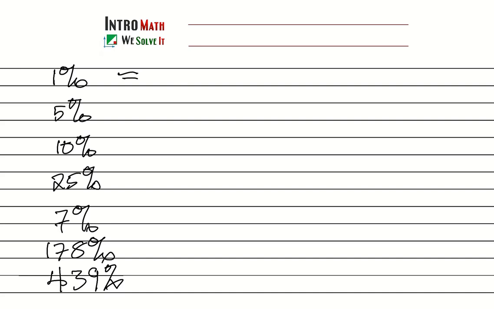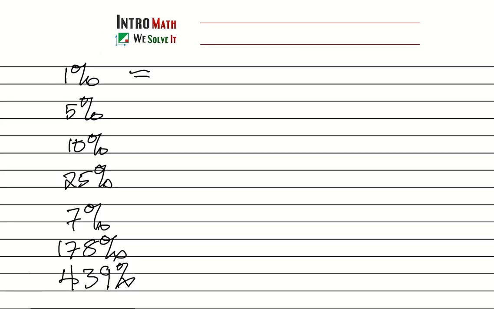You remove the percent sign first. You write 1, and then you move 2 places to the left, which means you have to add 0 here and move it over. You can put 0 in the front.